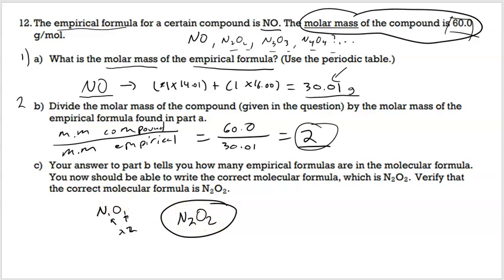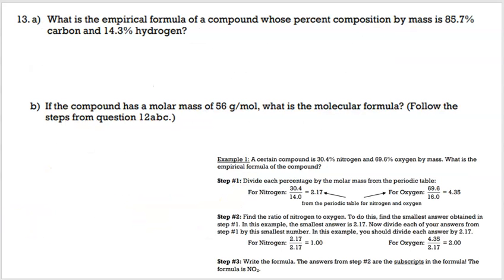So let's put number 11 and number 12 together into one single question, which is what it would look like right here in number 13. All right? So, first of all, we're going to take the percent composition, right, to calculate empirical formula.